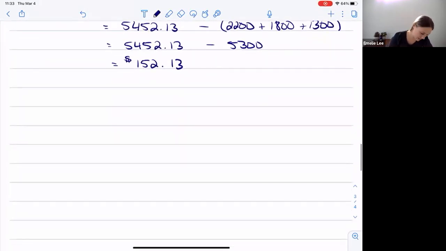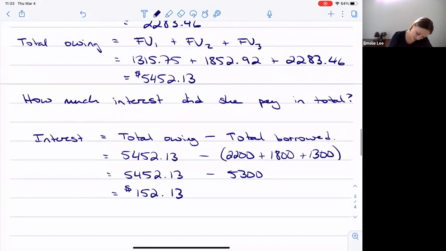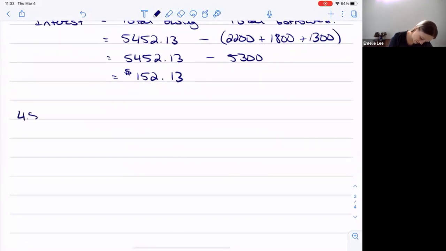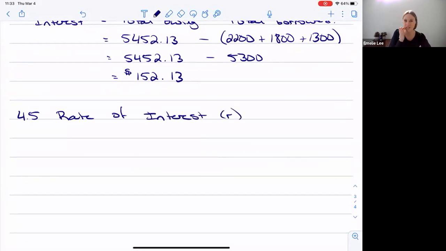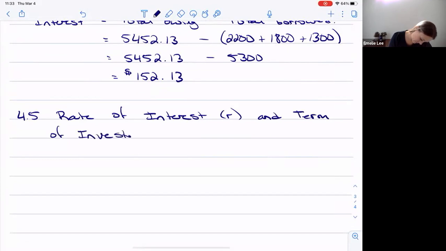So in section 4.5, the rate of interest, which I'll just emphasize is R, and term of investments, which is T. We'll start by solving for R and then we'll move on to solving for T, but you'll see that they're very similar.